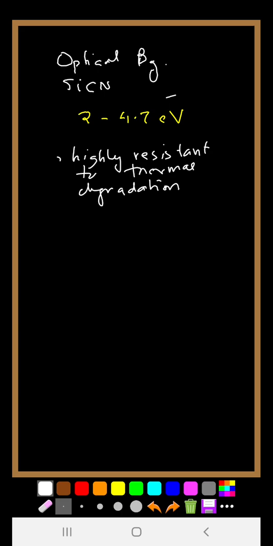And it has also got something called moisture resistance, which is mainly influenced by the stresses in the film.